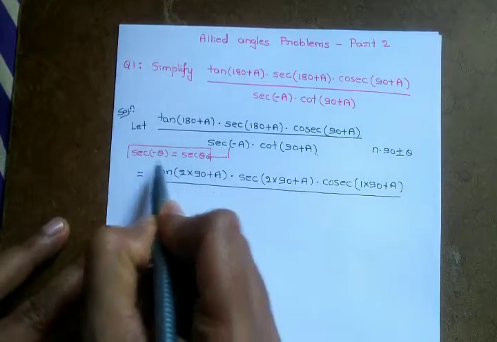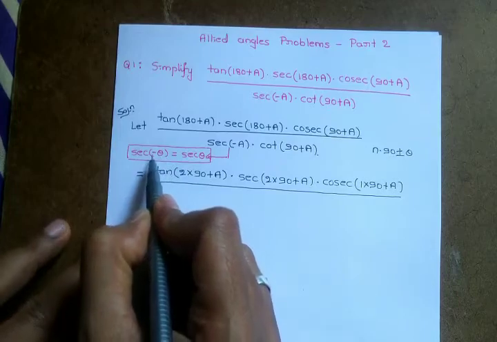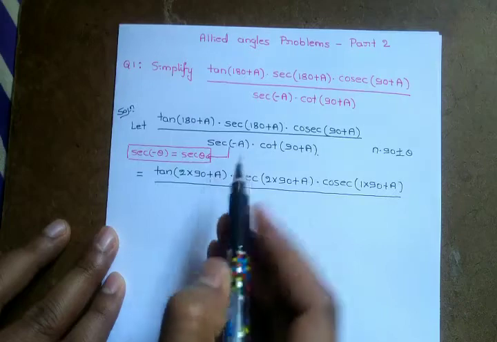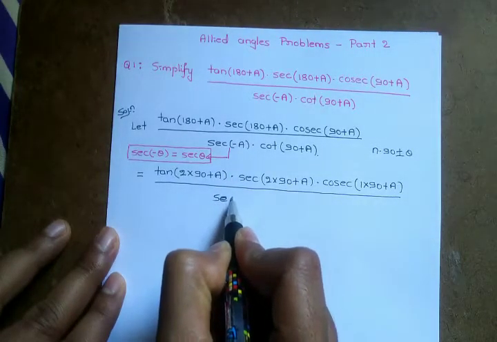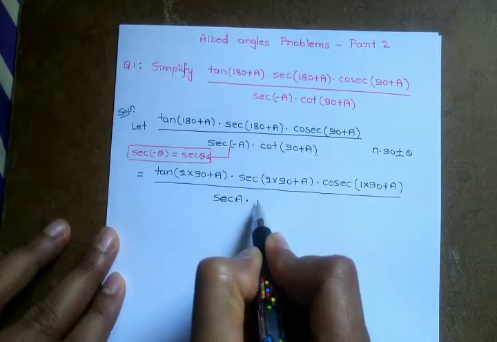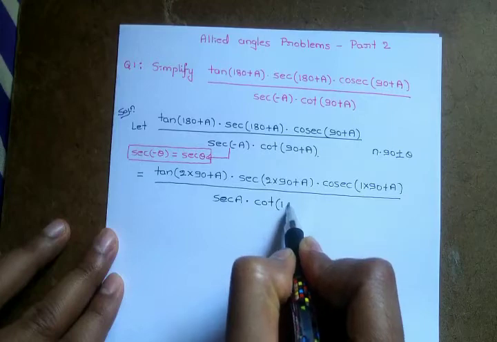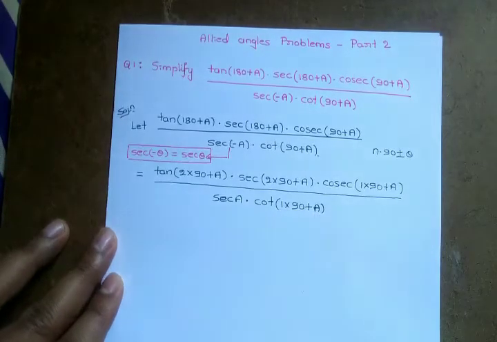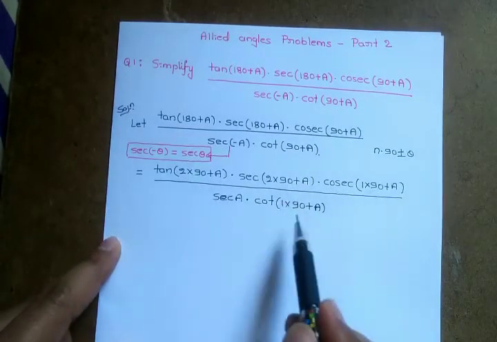Therefore, sec of minus a becomes only sec a, into cot, again 90 can be written as 1 into 90 plus a. So this is the first step, and all these are now in the standard form.